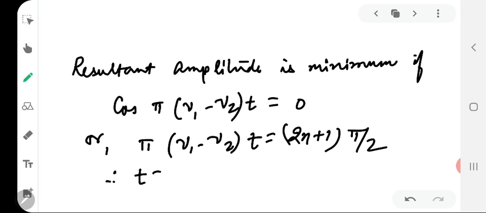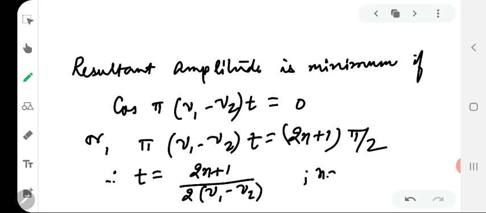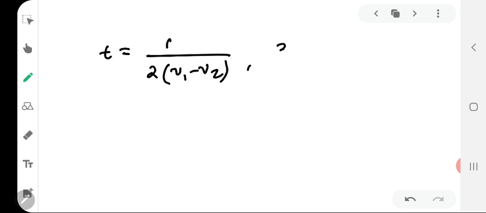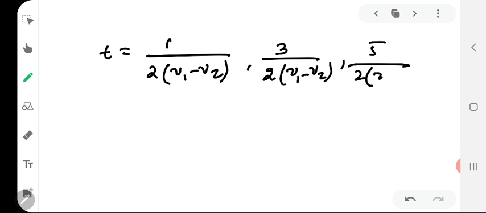Therefore, t becomes equal to (2n plus 1) divided by 2 (nu 1 minus nu 2), where n is equal to 0, 1, 2, and so on. This gives us t to be equal to 1 by 2(nu 1 minus nu 2), 3 by 2(nu 1 minus nu 2), 5 by 2(nu 1 minus nu 2), and so on.